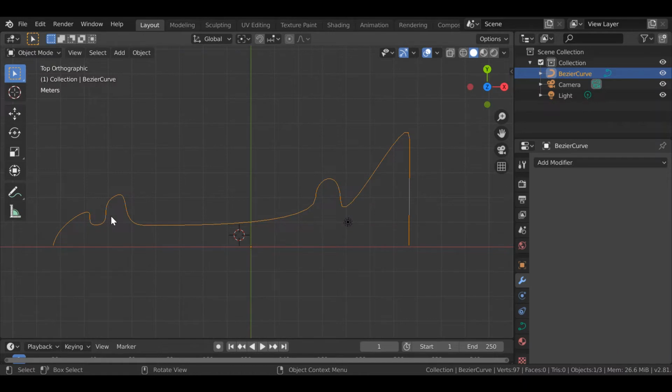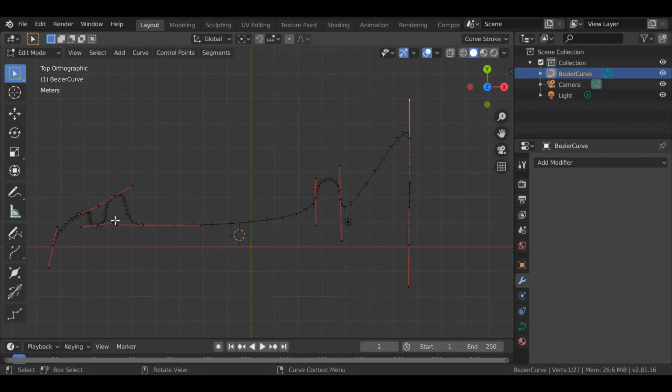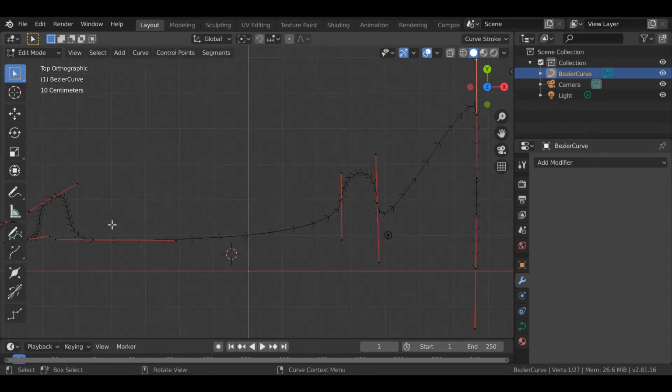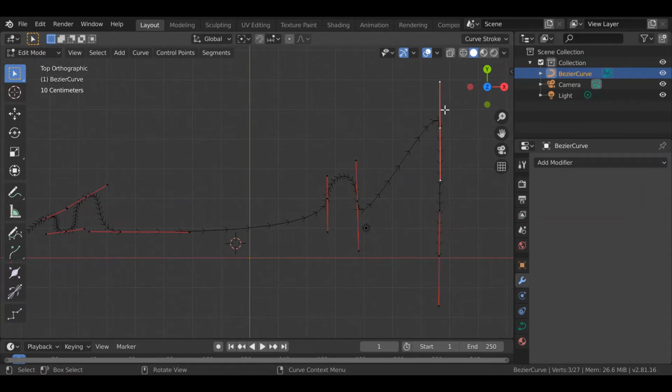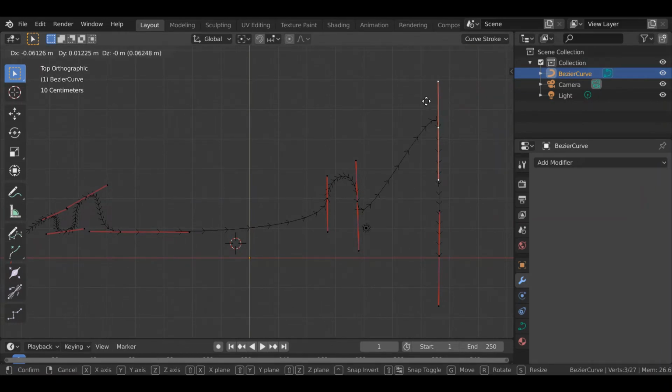I press Tab and I can show you all the control points which I have used. So go ahead and press G. I can model it, keep it in different shapes and sizes and remodel this however I want. I can make a pot, a glass, anything.